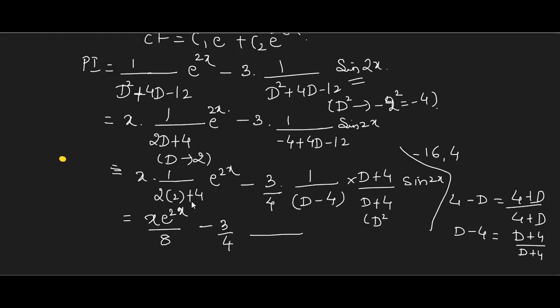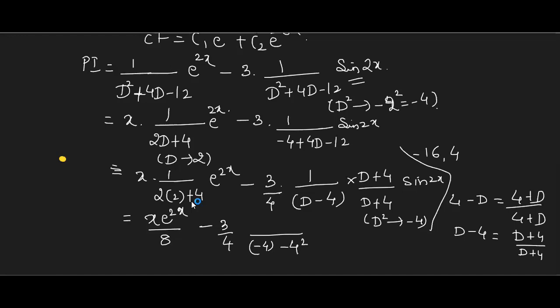So you replace d square by minus 4 only. So I will write minus 4 instead of d square. Minus b square. What is my b square? What is my b? 4. So 4 square, minus 4. 16. Minus 16.